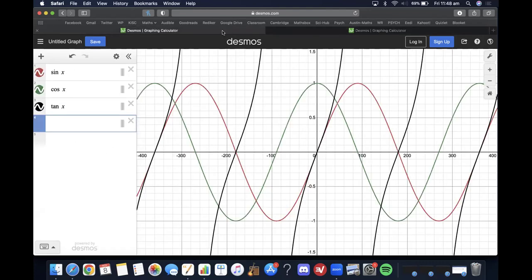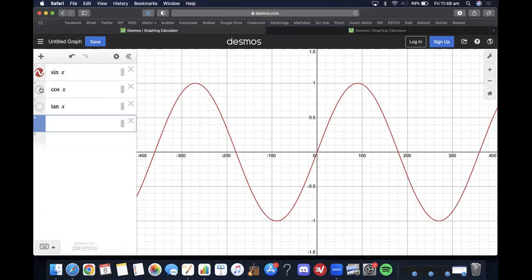Okay, so what I would like to remind you of is that we are going to do inverse graphs of our trig graphs. What did we just say? What we're actually doing is flipping all of the x and y coordinates. All of the x and y values are being swapped when we do inverse graphs.